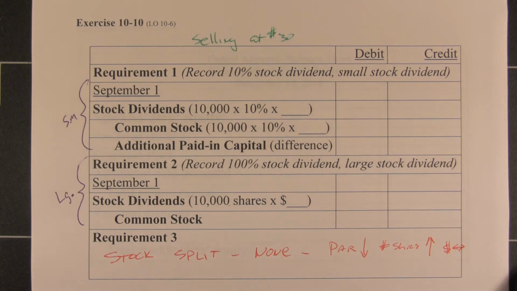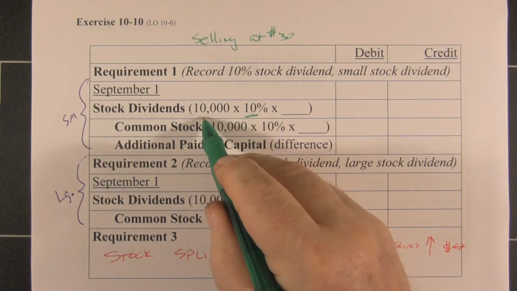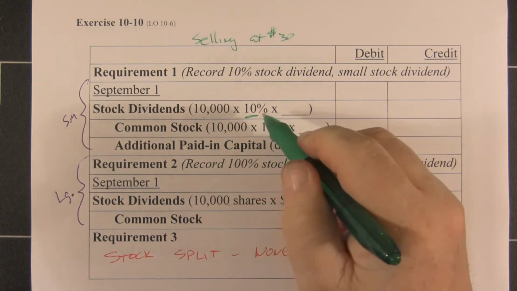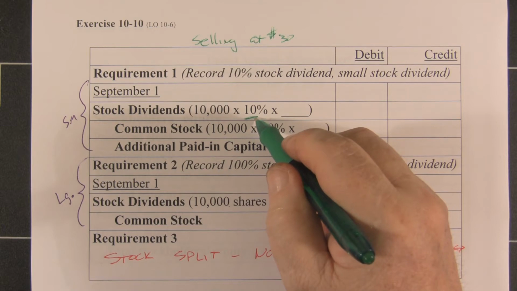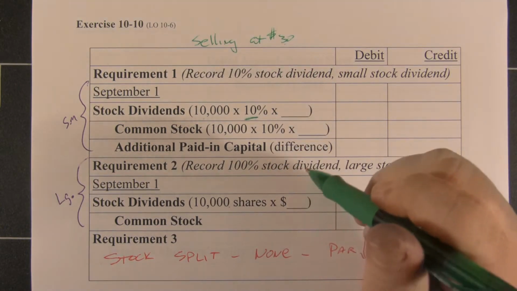And this is a 10% stock dividend. So of each of our 10,000 shareholders, each one gets a tenth of a share of a $30 stock.